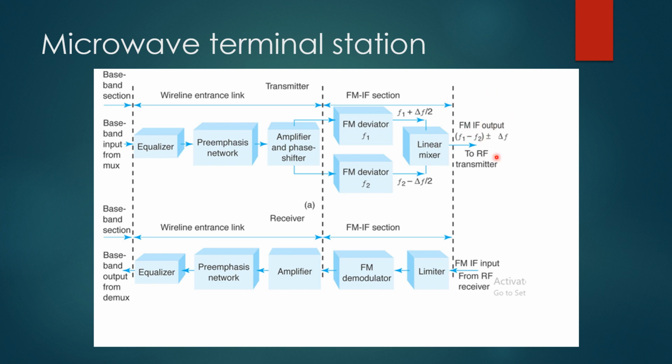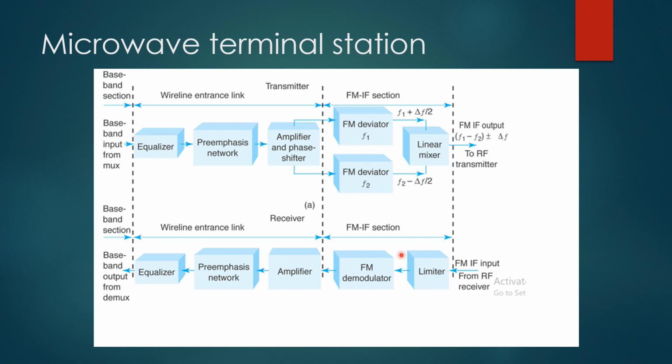IF, we know, is always going to be in the range of 60 to 80, about 70 megahertz. So we have two FM deviators which provide the frequency modulation, and then a linear mixer which will give our required IF. And what will be there in the corresponding receiver section?